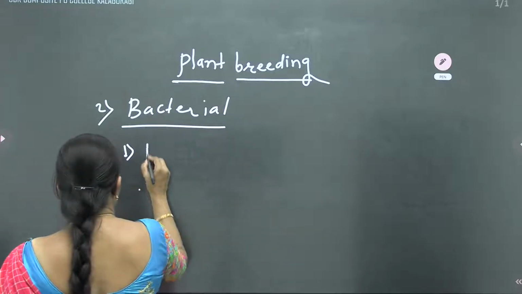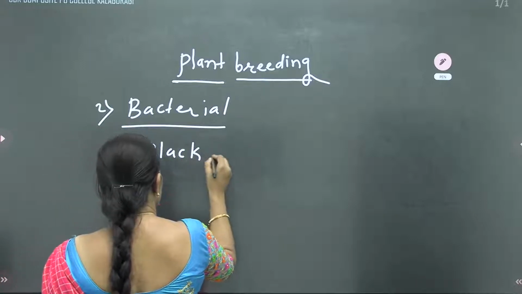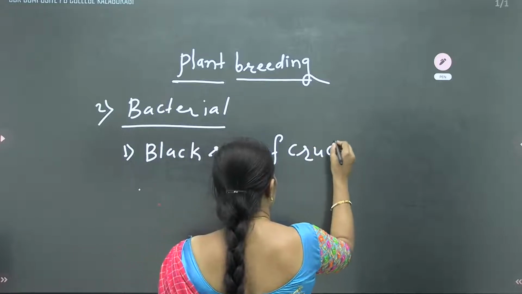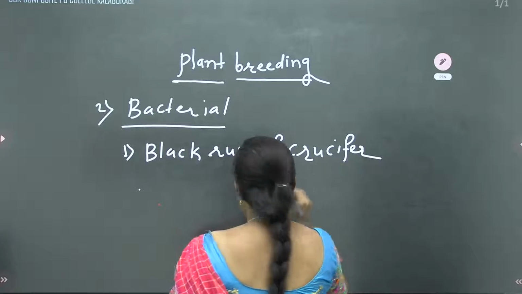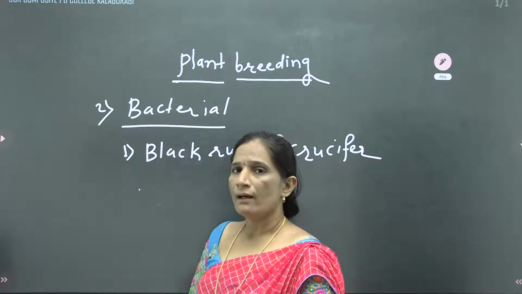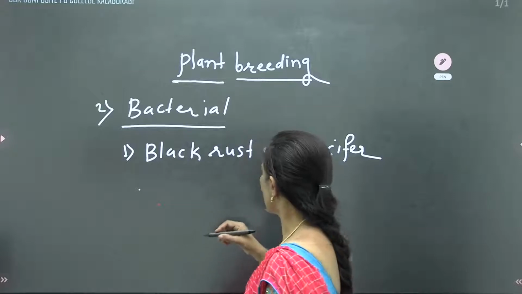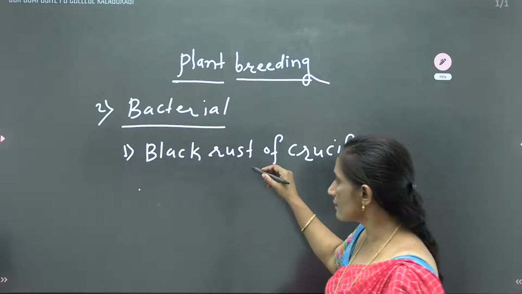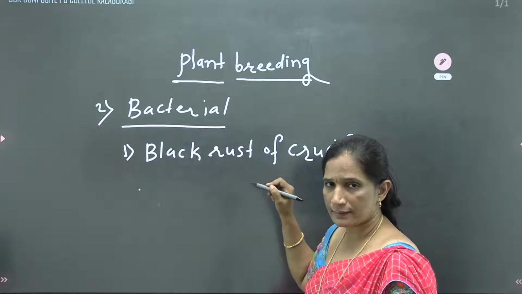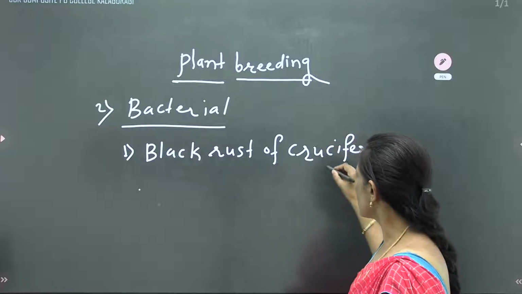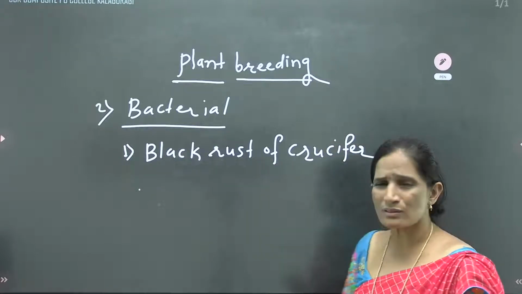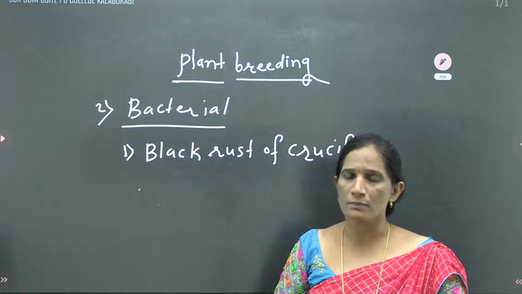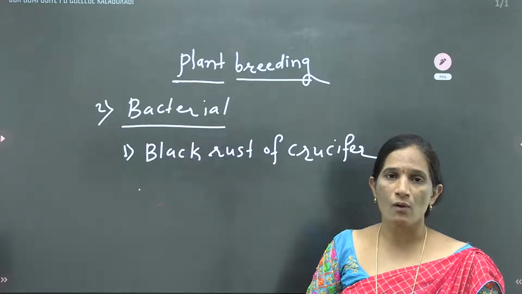That is the black rust of crucifer. This disease is caused by a bacterium. Is it clear? Which disease? Black rust of crucifer. Actually, it is caused by one of the bacteria, that is Xanthomonas campestris. Is it clear?